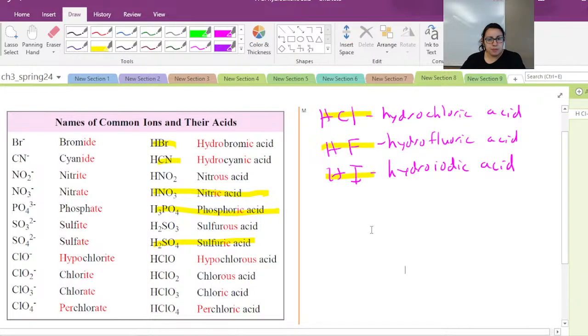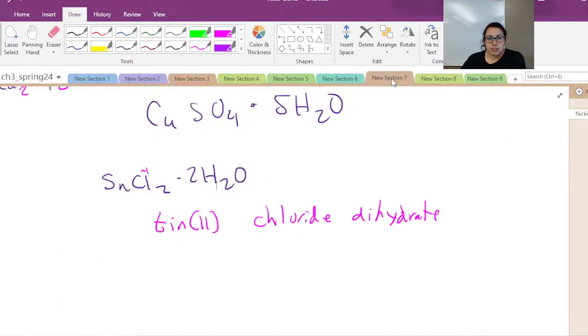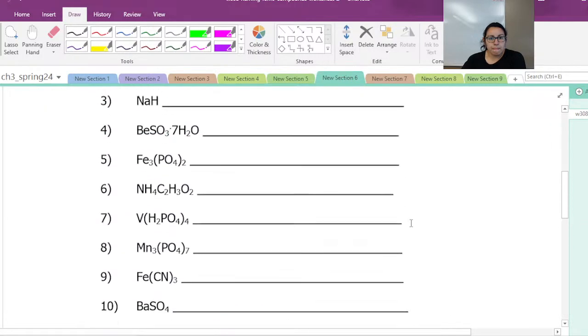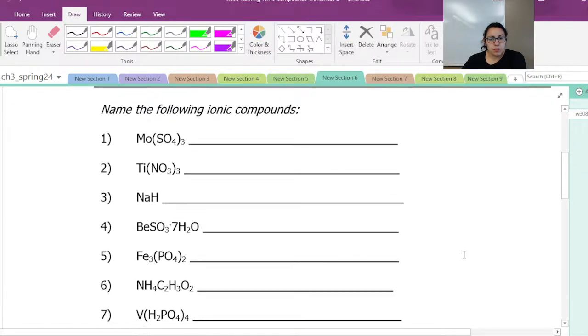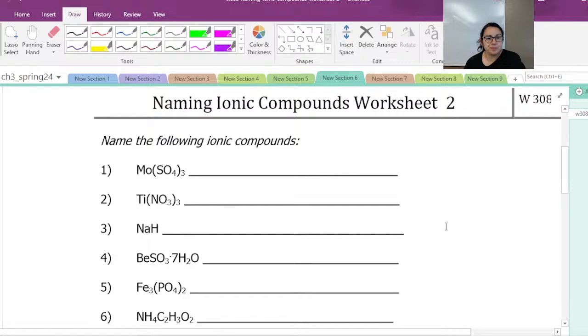Do we feel okay about acids? No, it's more you just have to learn them. All right, let's do some more practice then. So let's just do the first four and see how we do on this part.